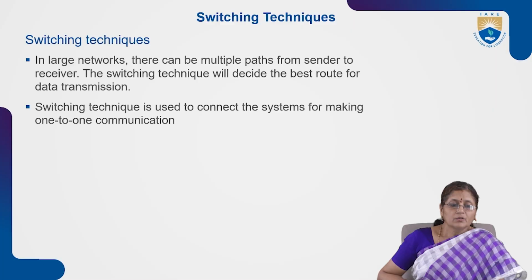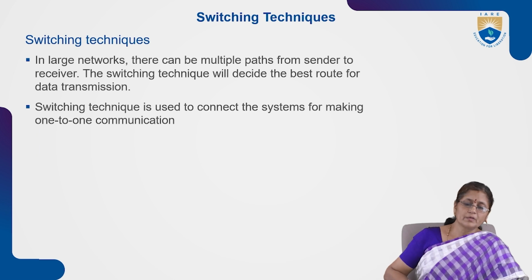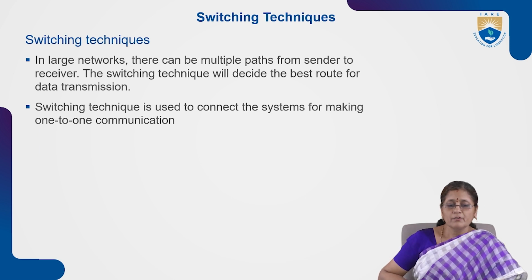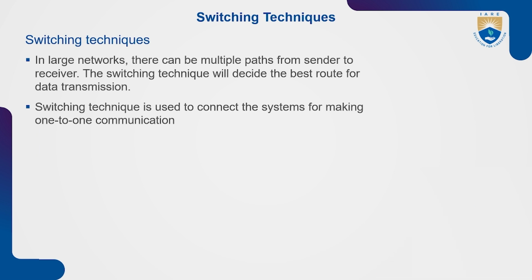Let us start. The purpose of switching networks is that in large networks there can be multiple paths from sender to receiver. The switching technique will decide the best route for the data transmission. As there are multiple paths from sender to receiver, for deciding which path is the best route, we go for the switching techniques.